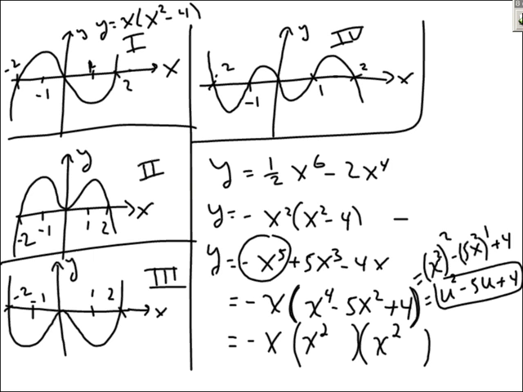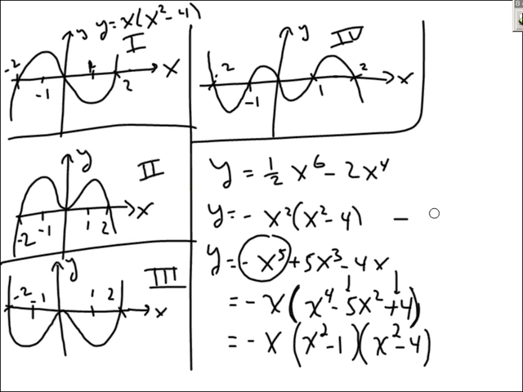This is a quadratic equation. And two numbers that multiply out to 4, but add up to negative 5, are negative 1 and negative 4. At some point, you should have learned how to factor these type of quadratic equations.